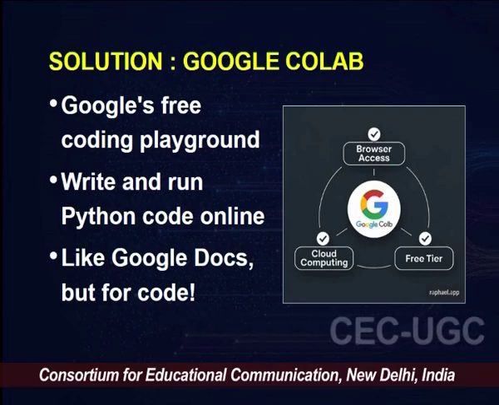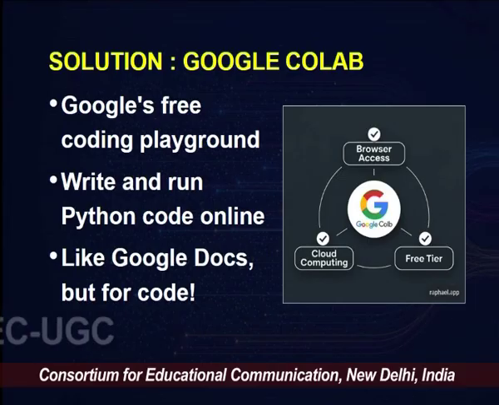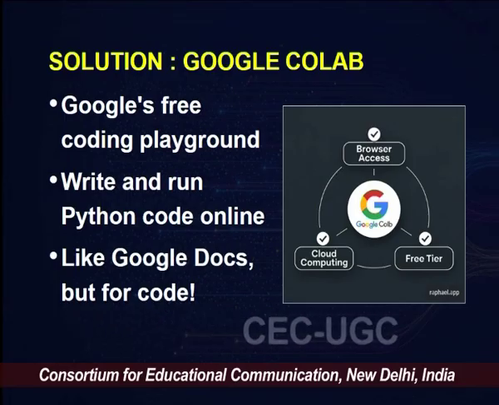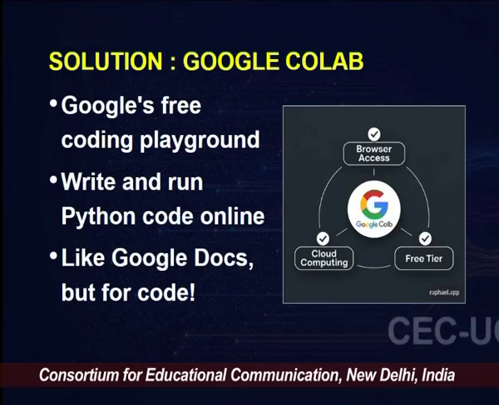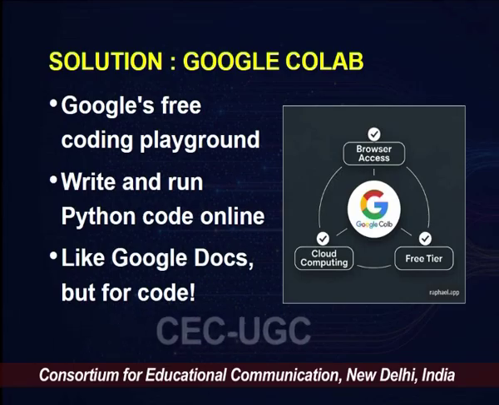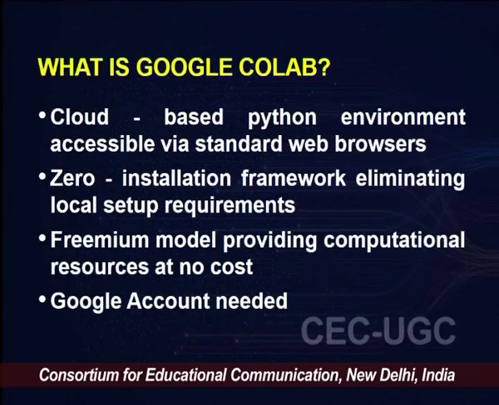Google produces a software called Google Colab. Essentially, it's a free coding playground where you can write and run Python code. Consider it like Google Docs or a WordPad or a Notepad, but we use it for coding. It's just like Google Docs but for code.